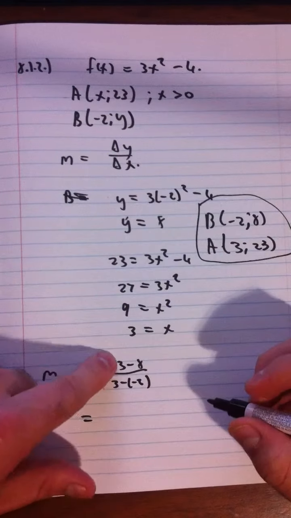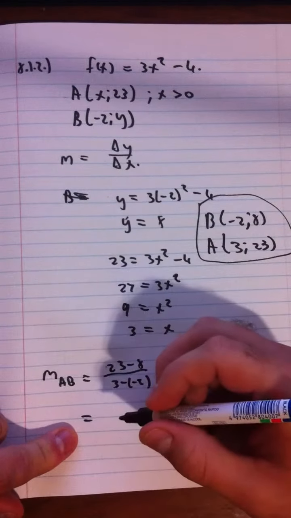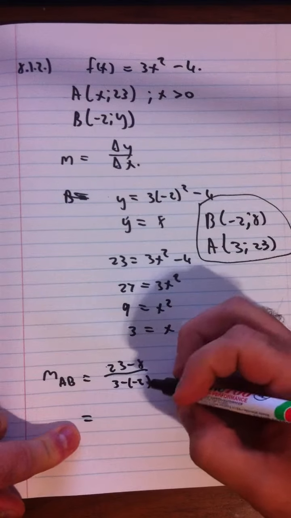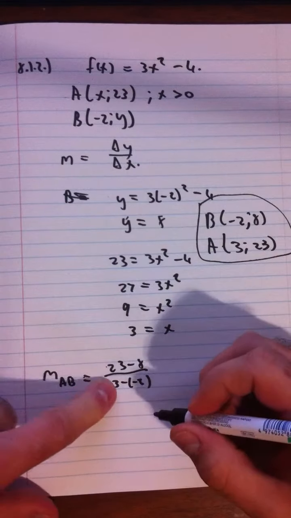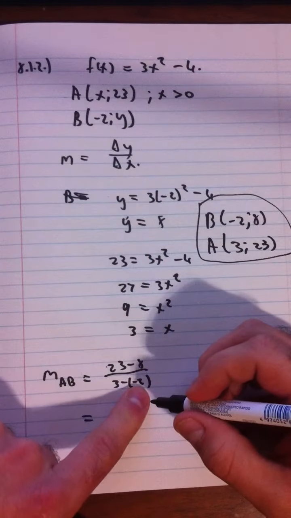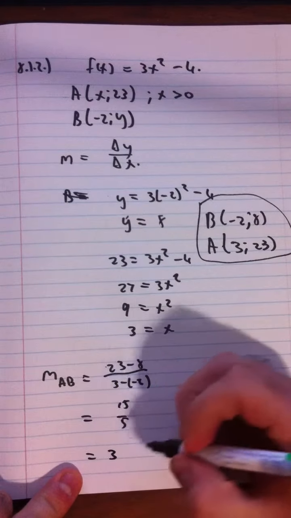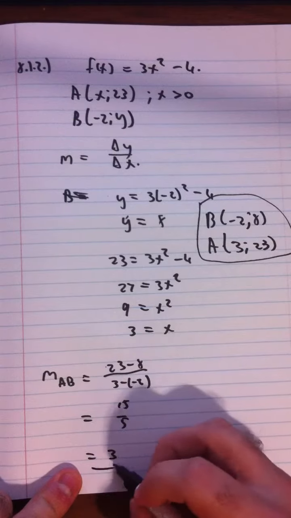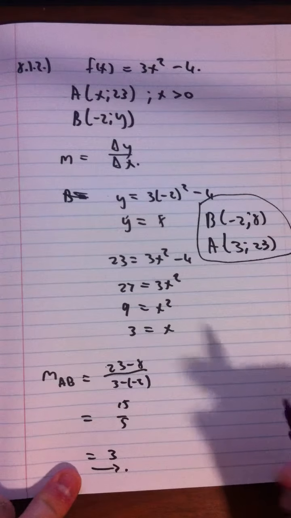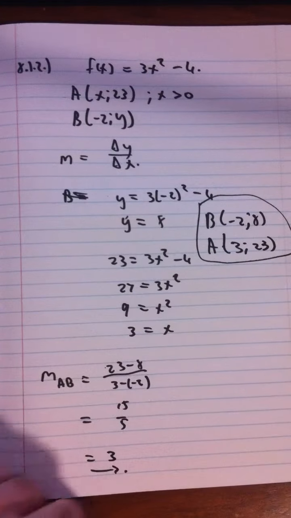And that is equal to 23 minus 8, which is 15, over 3 minus minus 2, which is 5. 15 over 5 equals 3. So that's your gradient.